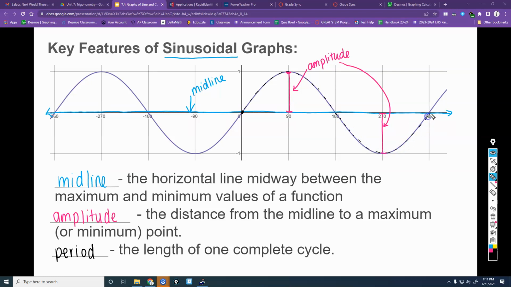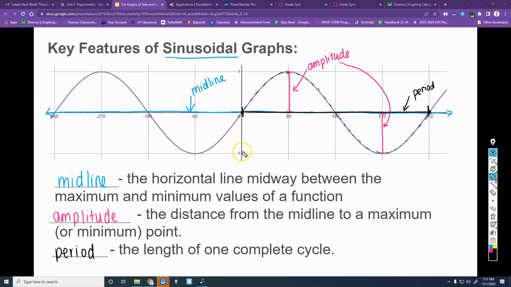All the way till I get over here, right? At 360, my graph starts to repeat itself. It just looks the same as what was before. That is because it comes from the unit circle, and at 360 degrees, what do we start doing as we go around that circle? We start to repeat, right? We've got 360, we go all the way around, and then we're just going back over the circle after that. So this distance right here would be the period.